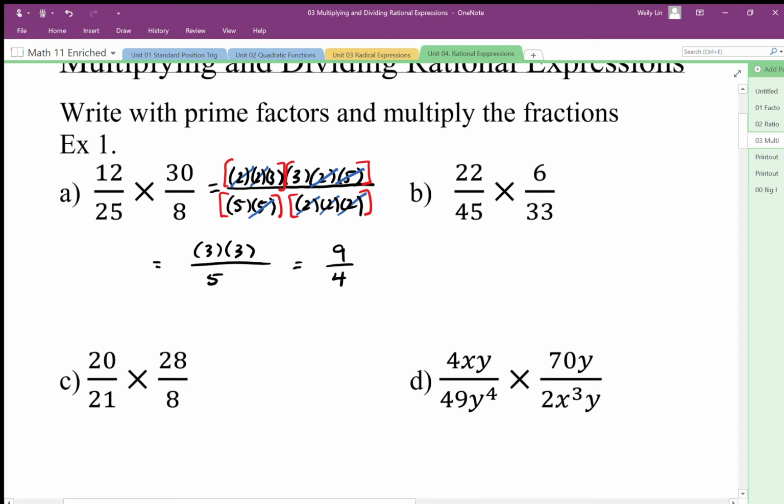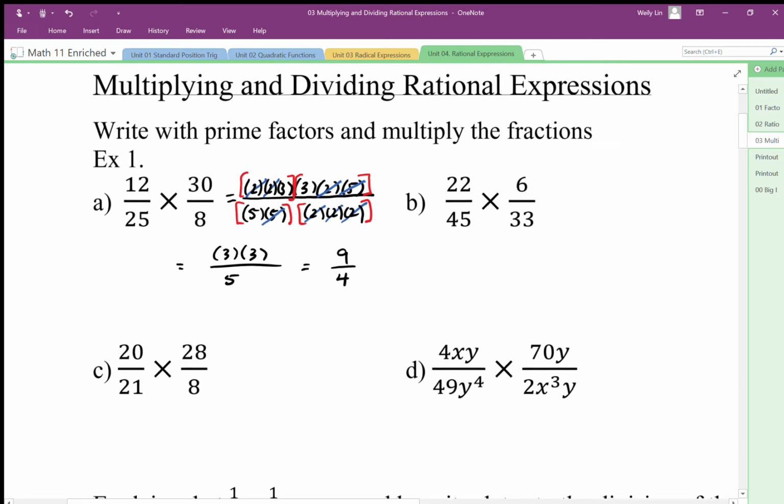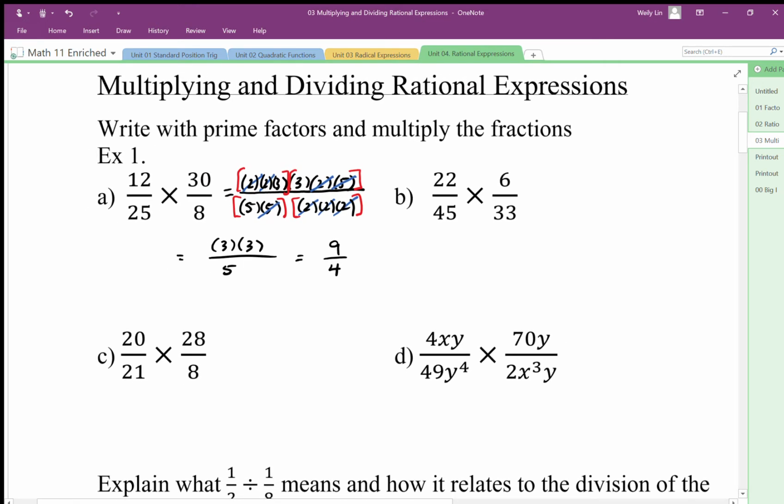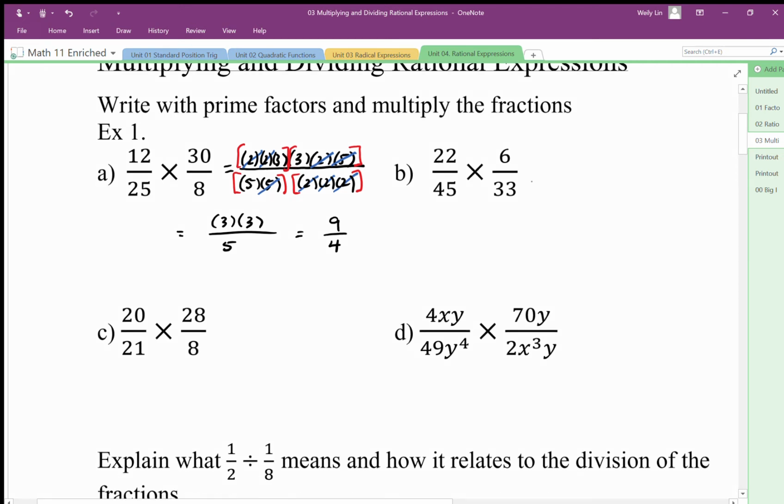But the main idea is that we want to identify the factors involved here that will cancel out. Okay, so when I rewrite this, again, I don't really have to think of this as two separate fractions. It's all connected by times, and since fractions are times and divide, it's all just one big fraction.